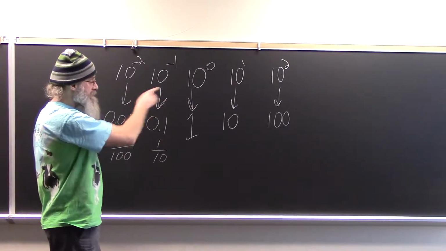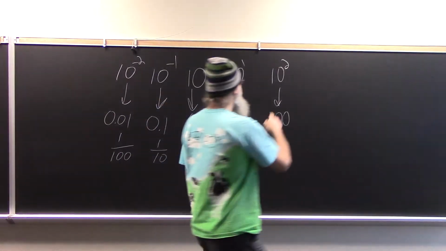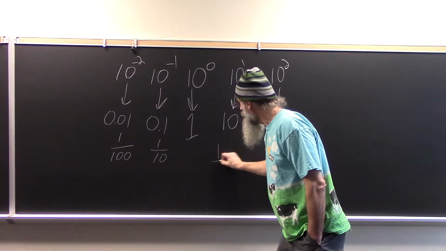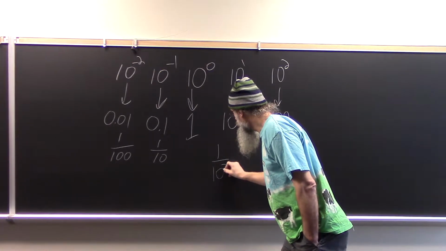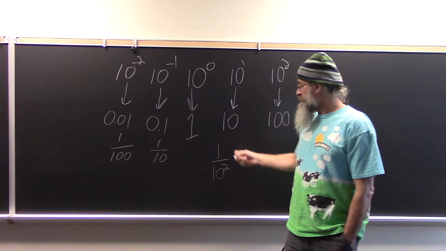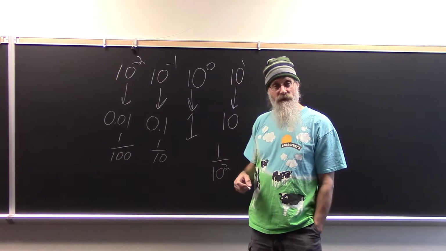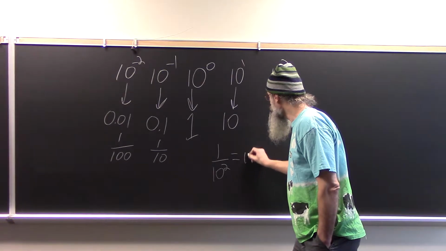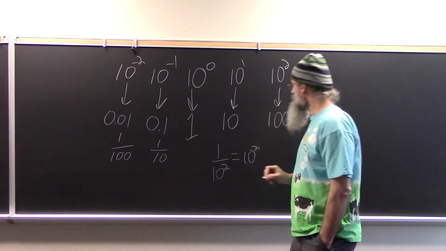So you can see, if we took 10 to the 2, and we flipped it under 1, so we divided 1 by 10 to the 2, that would be equal to 10 to the minus 2.